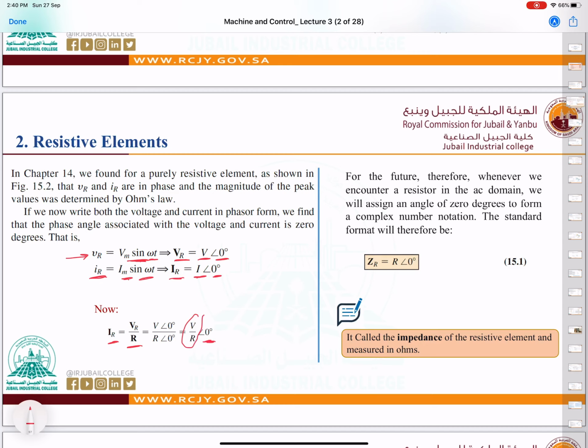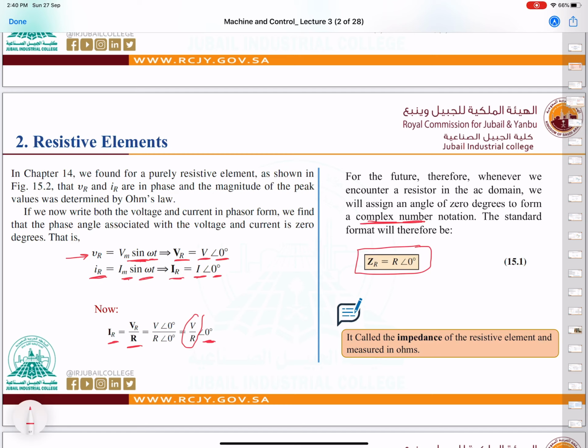Therefore, for the future, whenever we encounter a resistor in the AC domain, we will assign an angle of 0 degrees to form a complex number. The standard format will be ZR, which is equal to R with angle 0.